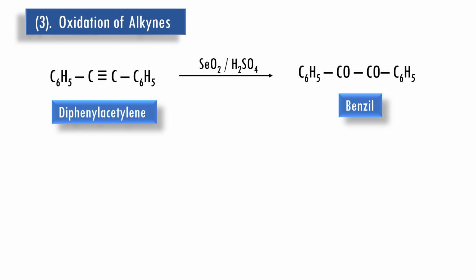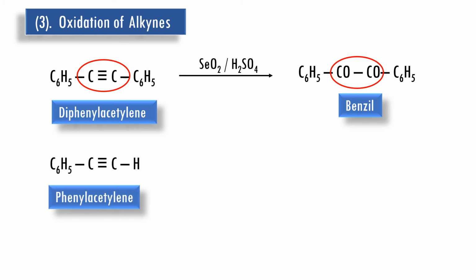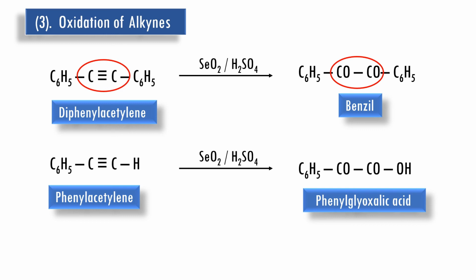In this example, the C triple bond C group is converted into a diketone. In the second example, when phenylacetylene is oxidized in the presence of SeO2 in acidic medium, it is converted into phenylglyoxylic acid. In these examples, C triple bond C is converted into COCOOH.